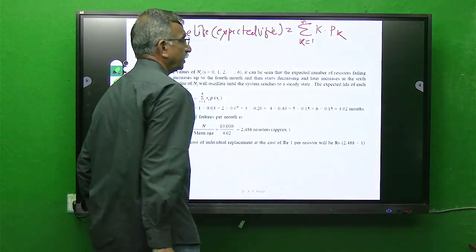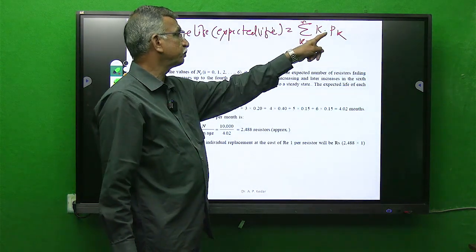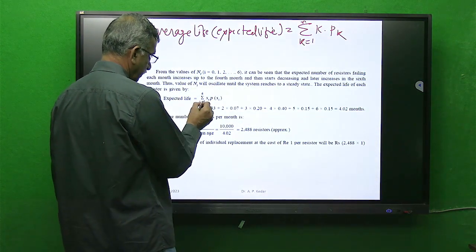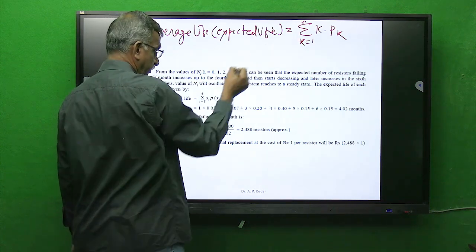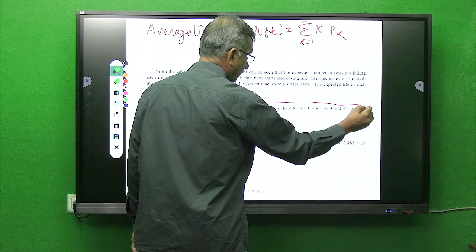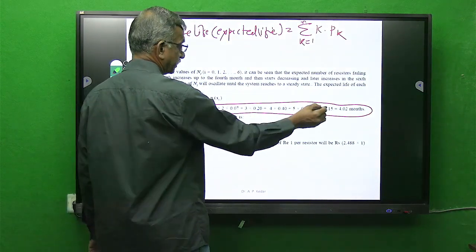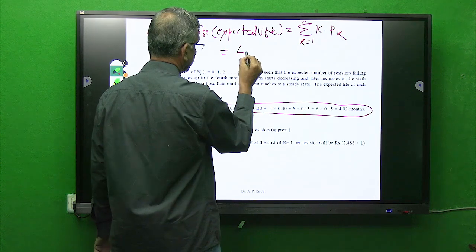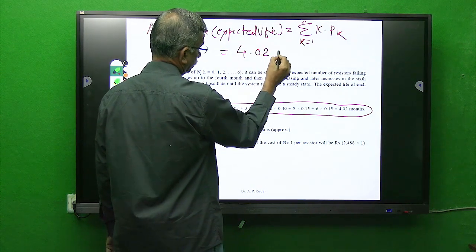We know that k is varying from 1 to 6, and pk we have just calculated. You can see the same formula written here and I have calculated this value for you, and it is coming as 4.02 months.